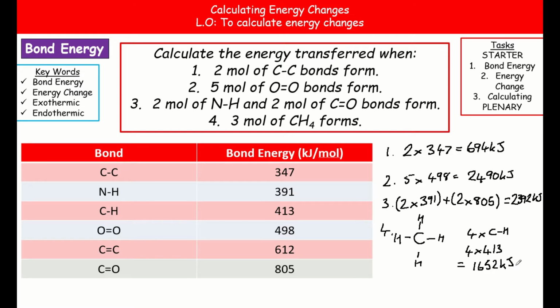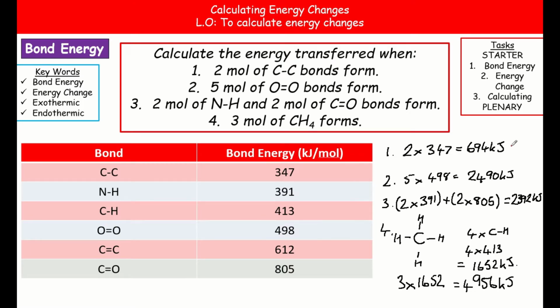1,652 kilojoules. Now, that's obviously for one of those moles, but we've got 3. So we need to do 3 times 1,652, and that gives us 4,956 kilojoules.